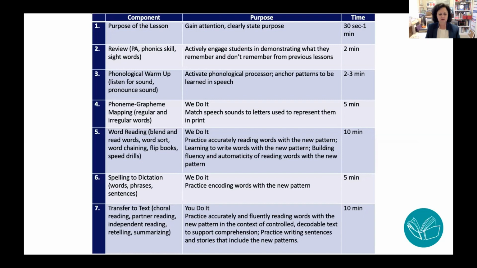This is, again, from one of the tools within my Reading Science Academy, an example of some of the components of a structured literacy lesson, an explicit whole group or small group.